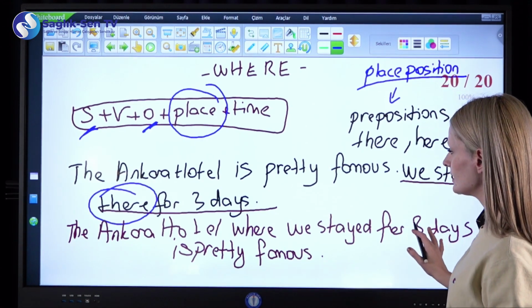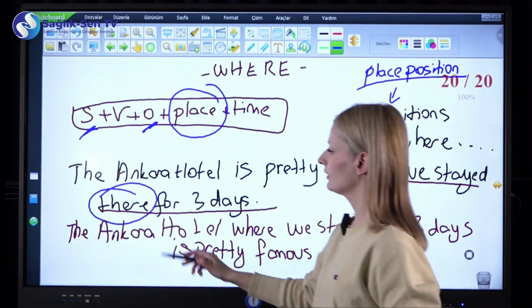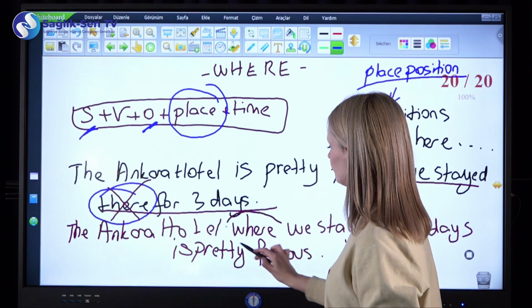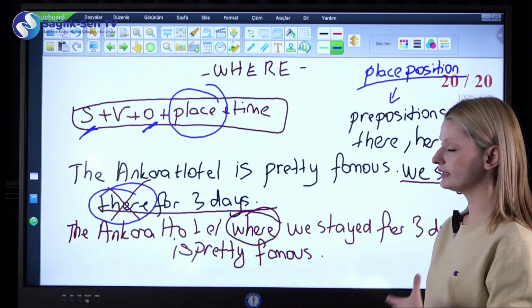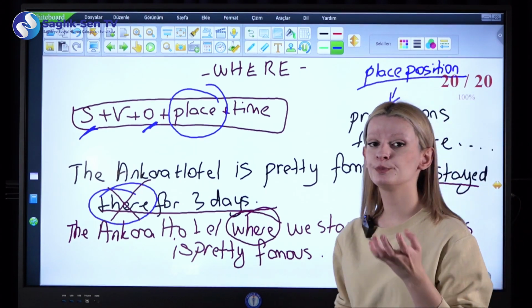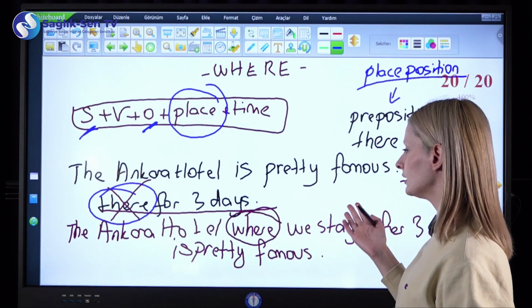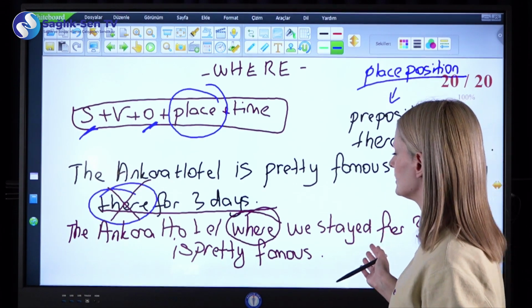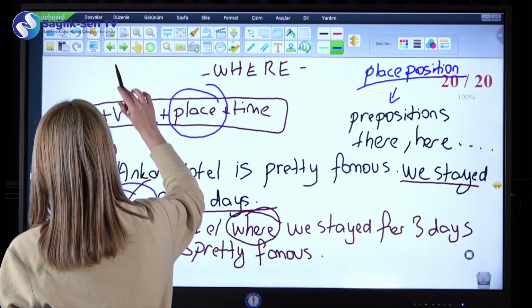So, in this one, I omitted there because the relative pronoun where already gives that meaning. So I don't have to use it anymore, and it would be wrong if I used it. The Ankara hotel, where we stayed for 3 days, is pretty famous.